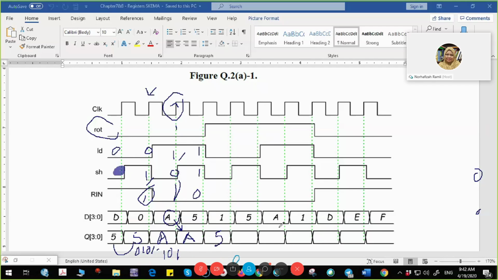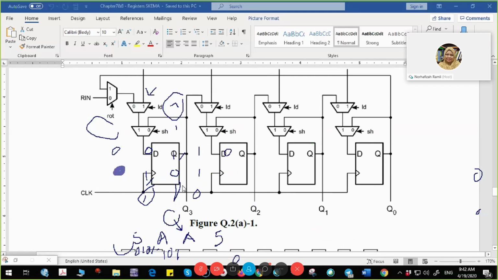You input 0, right? And here is 0. Load is 0. Where do we use the ROT? Strange, eh? ROT selector. Where do we apply ROT?